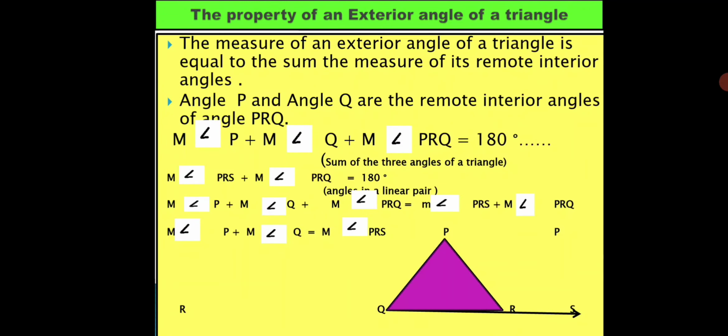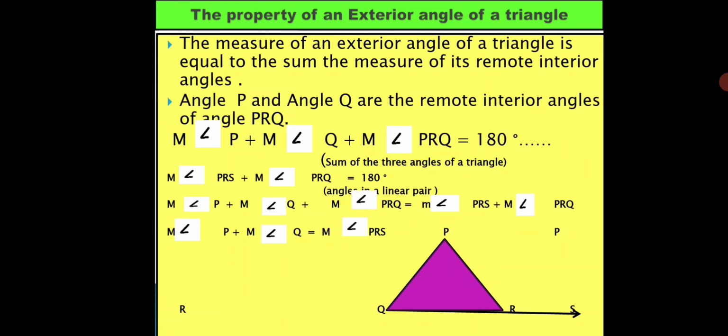Now we will see exactly the property of the exterior angle of a triangle. So here the figure is drawn, triangle PQR. After extending the ray QS, the exterior angle which is formed, that is angle PRS, is the exterior angle of triangle PQR.